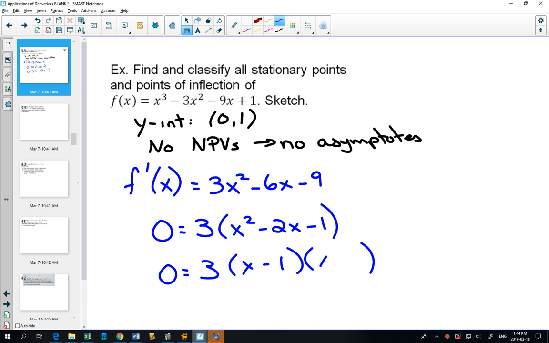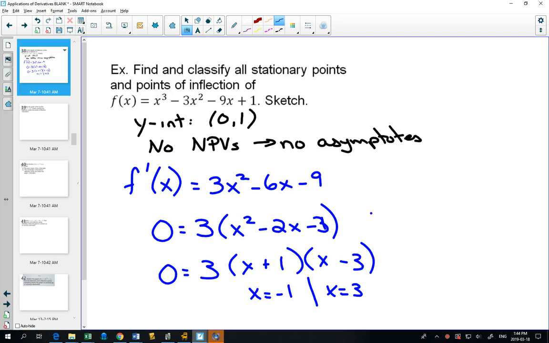Yes. What did I cancel out? Oh, this is the 3. Yes, thank you. That makes a lot more sense. x plus 1, x minus 3. And so we get that our first derivative is equal to 0 at x equals minus 1 and x equals 3.